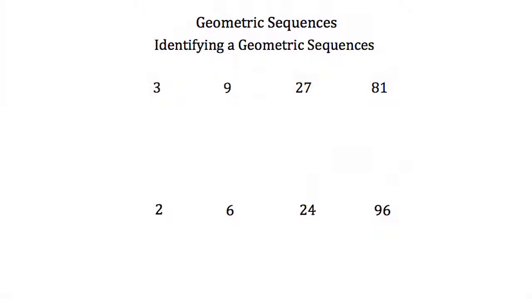So to go from 3, our first term, to our second term, 9, by multiplication, we would have to take 3 and multiply it by 3. And that would get us 9. Now if we take 9 and we want to go to 27, we would also have to multiply 9 by 3, and we would get our third term, 27.